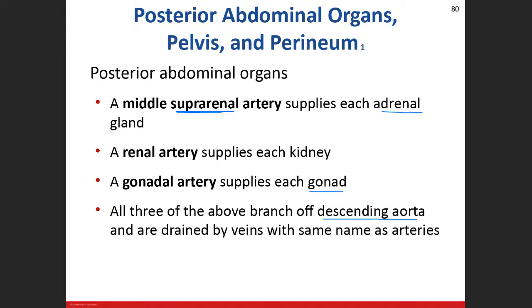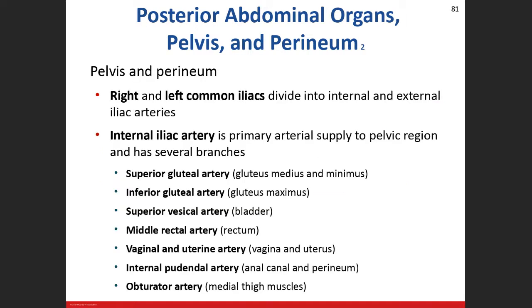All of these structures, the adrenal glands, the kidneys, and the gonads, are going to be drained by the veins of the same name. So it's easy. If you know the artery that's supplying the structure, then you're going to know the name of the vein that drains it. But when we're dealing with the arteries, all of the vessels come off of the descending abdominal aorta, when we're discussing the adrenal glands, the kidneys, and the gonads there.